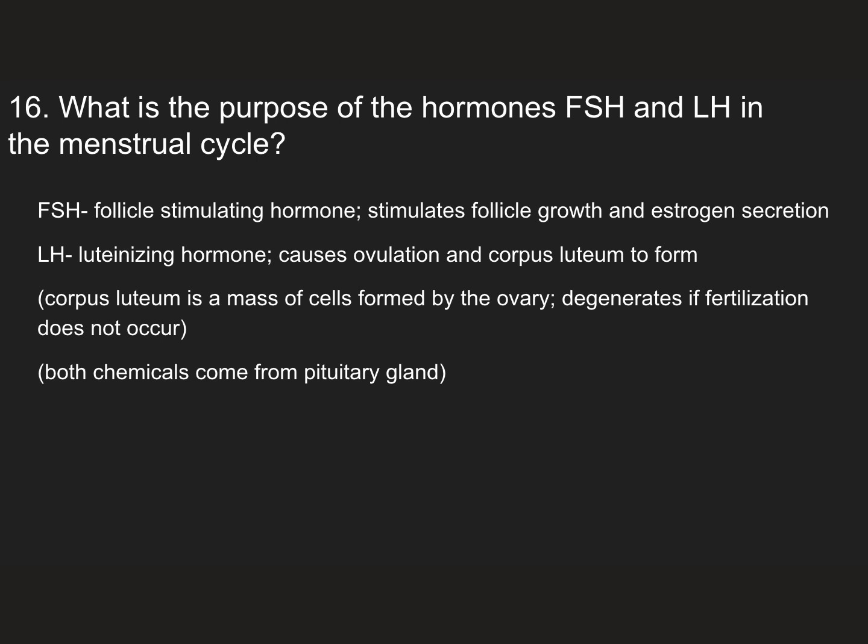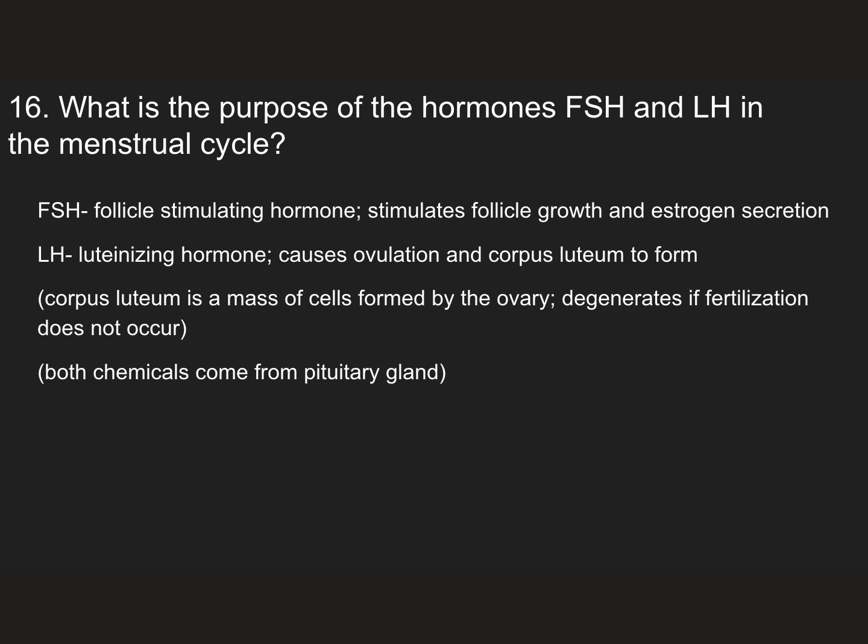Okay, number 16, what is the purpose of the hormones FSH and LH in the menstrual cycle? FSH stands for follicle stimulating hormone, and it stimulates follicle growth and estrogen secretion in the menstrual cycle. LH, luteinizing hormone, causes ovulation and the corpus luteum to form. The corpus luteum, by the way, is a mass of cells formed by the ovary.